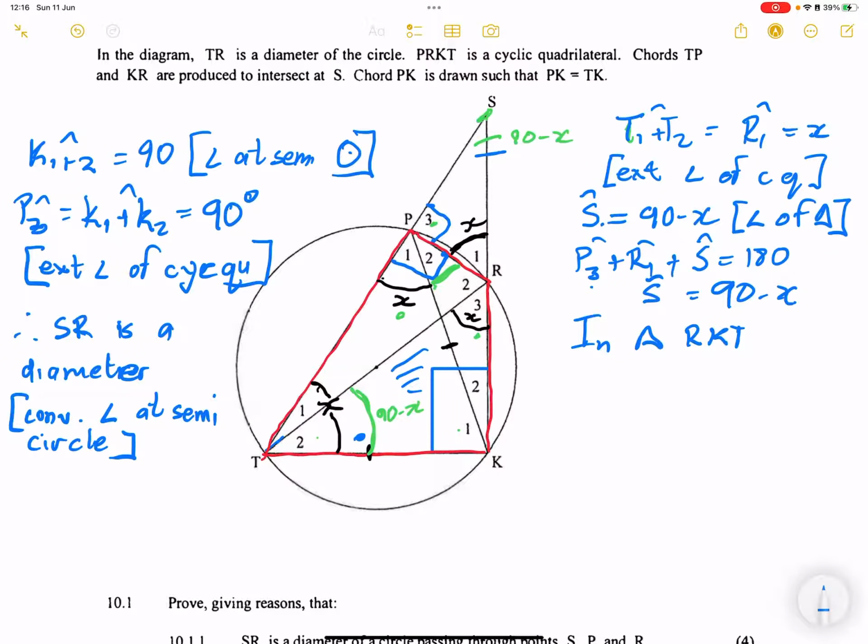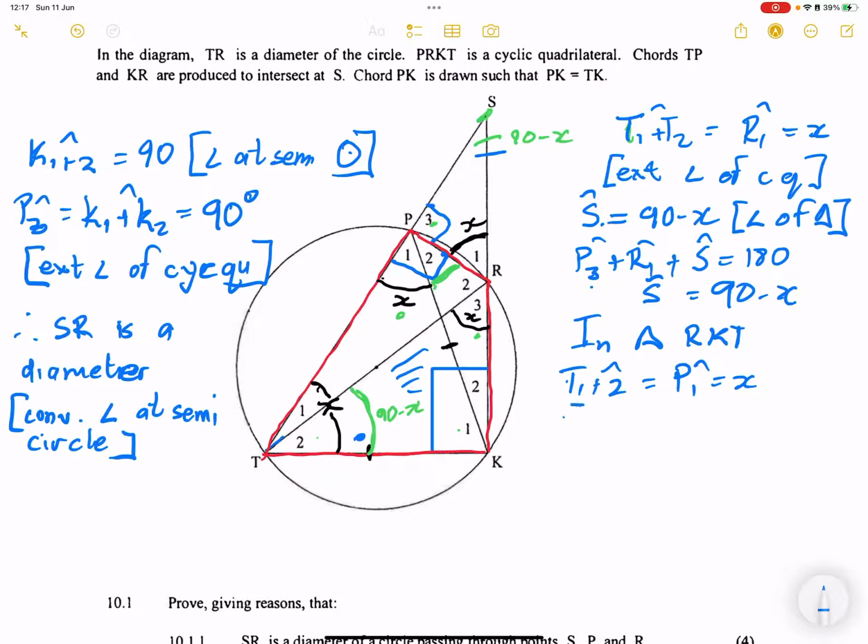We found in this case that angle P1, so we've already said T1 plus T2, that angle would be equal to P1, which is equal to X.